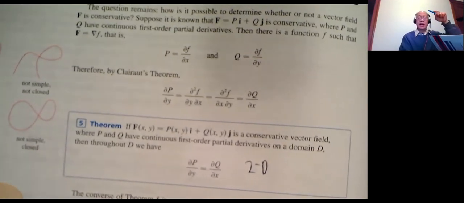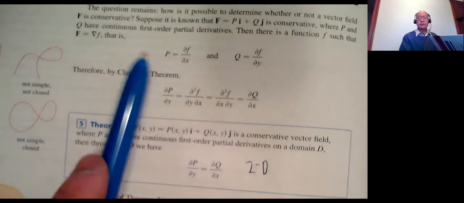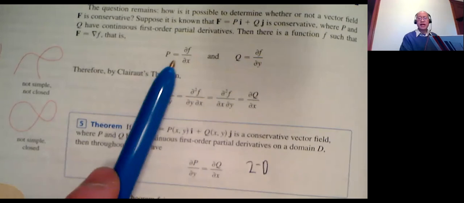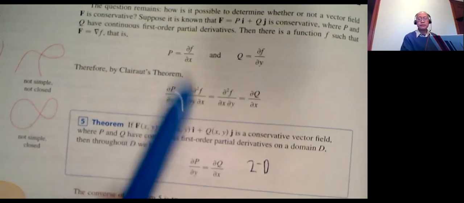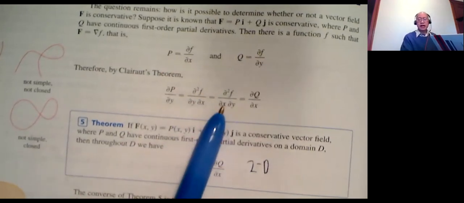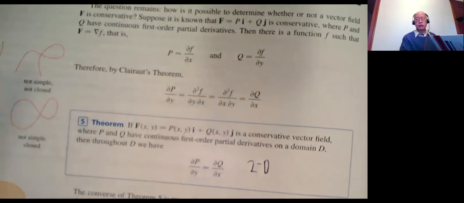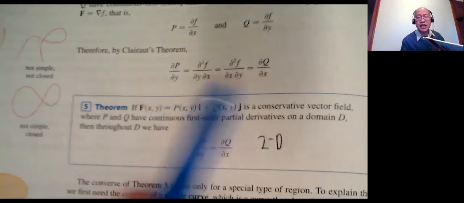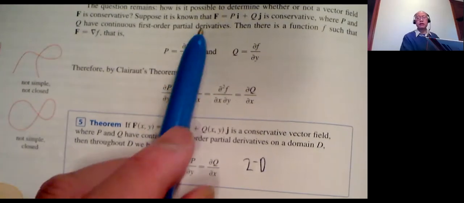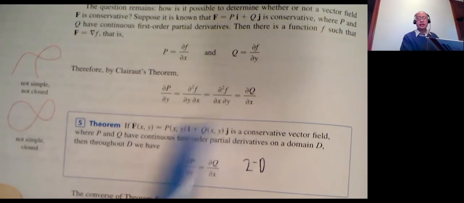So if there is an anti-gradient, meaning if I take the derivative with respect to x, I get P. If I take the derivative with respect to y, I get Q. Then if I take this derivative with respect to y, I get that. If I take this derivative with respect to x, I get this, and we know that these are equal by Clairaut's theorem. So if I get these not being equal, then we know there is no such function. There is no function little f that has this property.